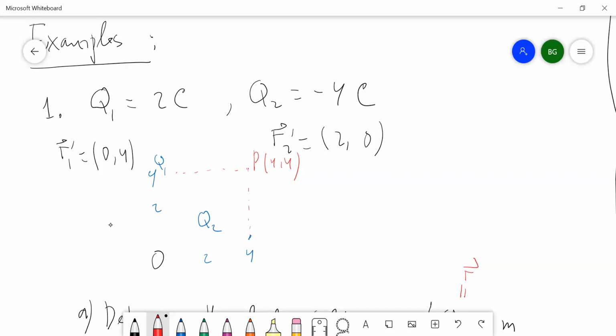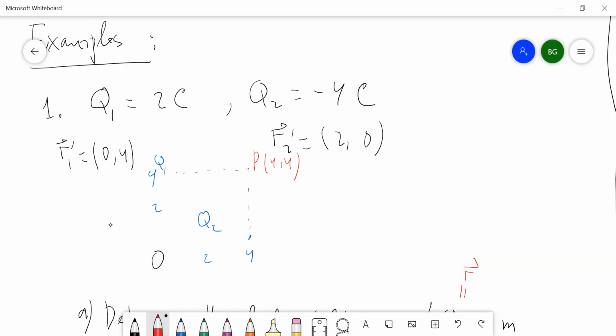We have two charges, capital Q1 and capital Q2. Q1 is positive 2 coulomb, and the other is -4 coulomb.